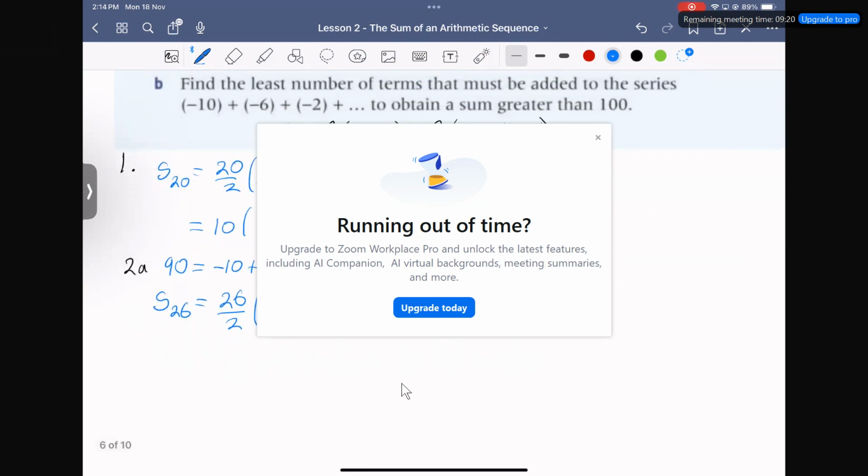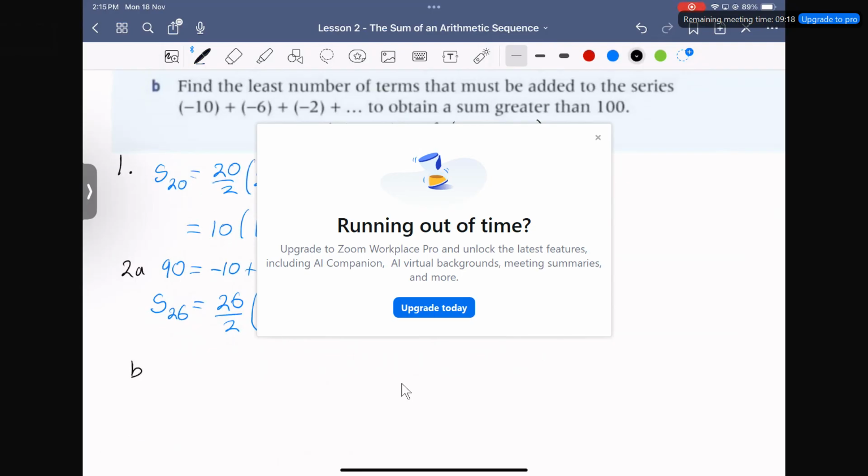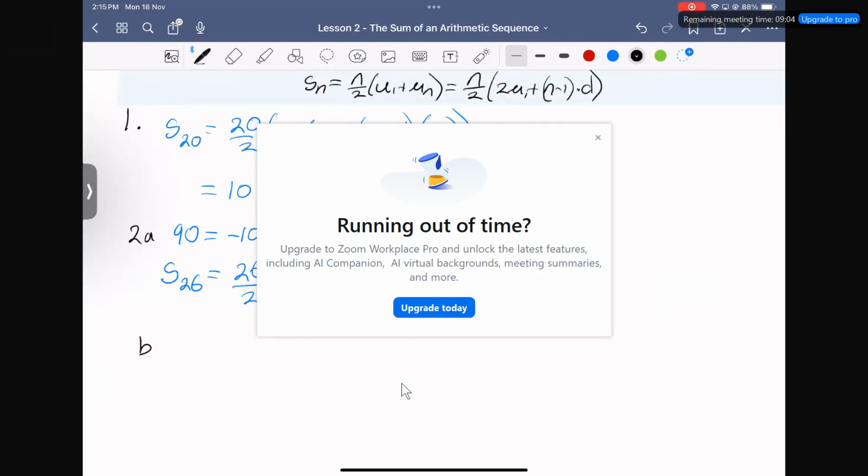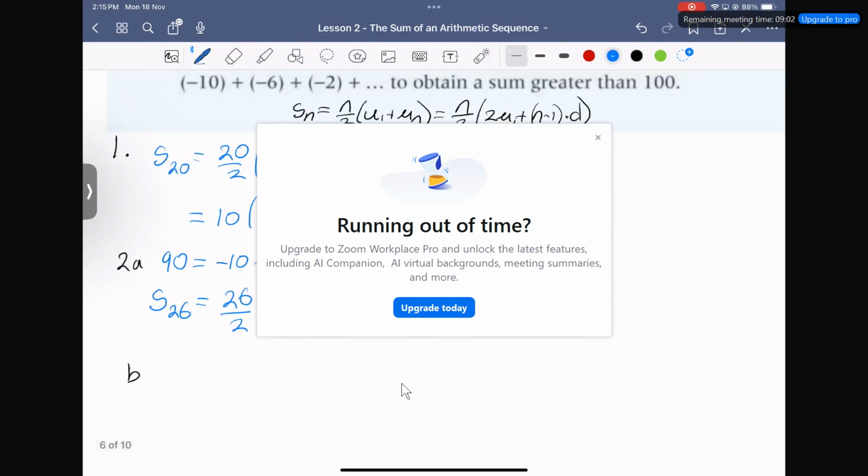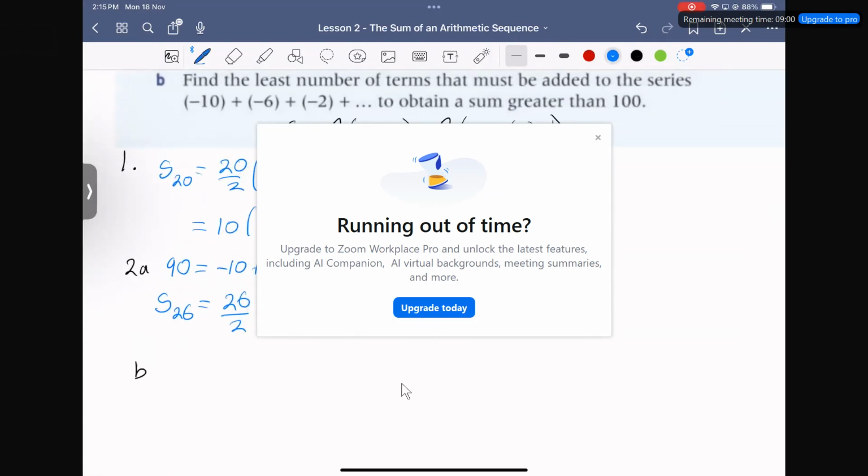Let's try B. So find the least number of terms that must be added to the series. That's the one that's given. To obtain a sum greater than 100. So we need to find out how many terms are going to be in our sequence. Our sum is going to be n over 2 times (minus 10 plus 90), which has to be bigger than 100.